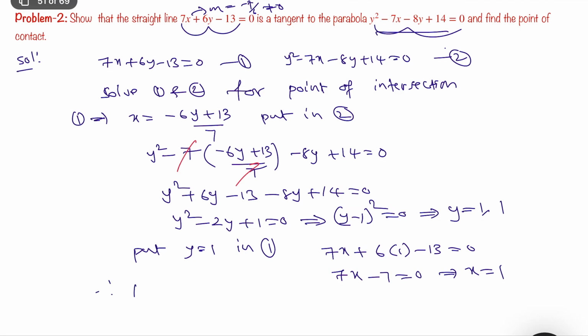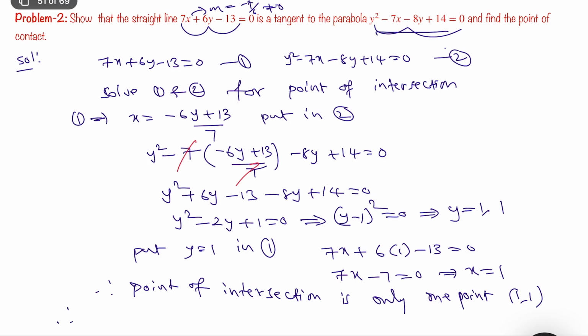So therefore, the point of intersection is only one point, that is (1, 1).